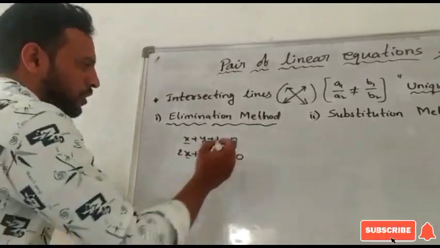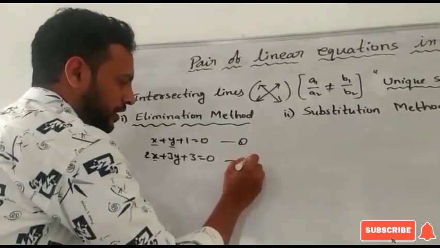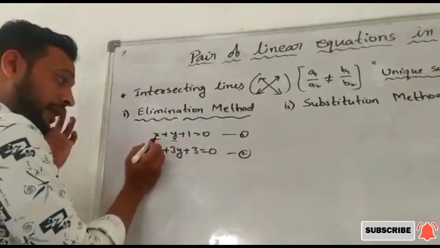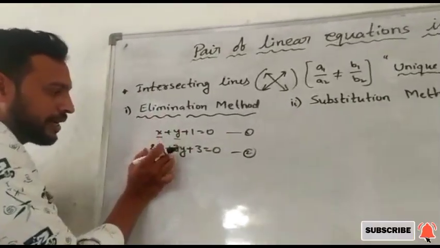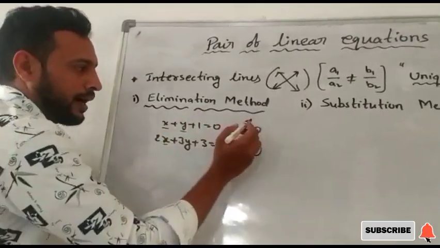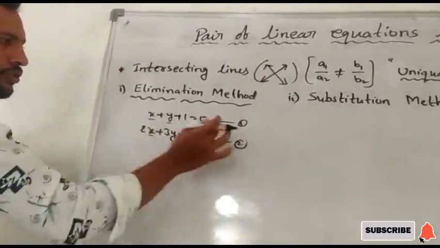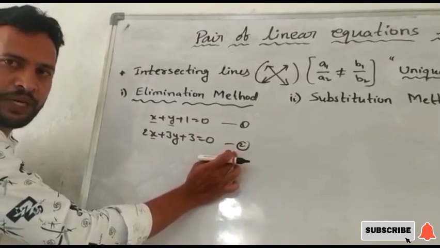How? Take this as equation number 1. If one of x or y is already similar, then you can go ahead. But if you don't have any similarity, you have to do some simple modification. This is equation number 1 and this is equation number 2.